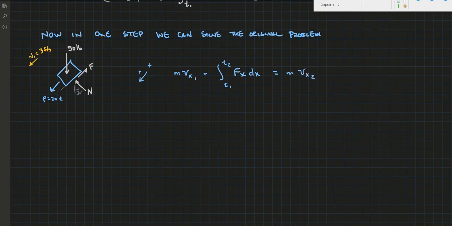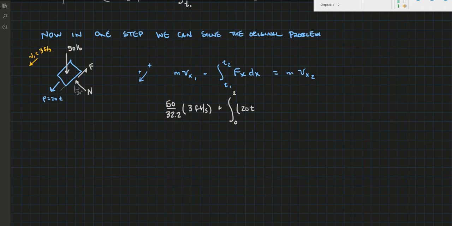So putting some numbers in here, we've got 50 over 32.2 for the mass. Our initial velocity is 3 feet per second, plus we'll integrate from 0 to 2 of our force. We have to take into account all our forces.